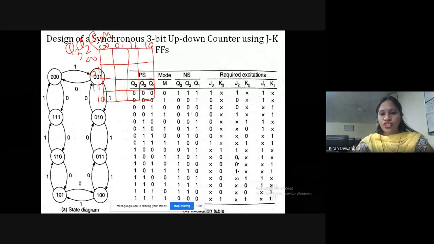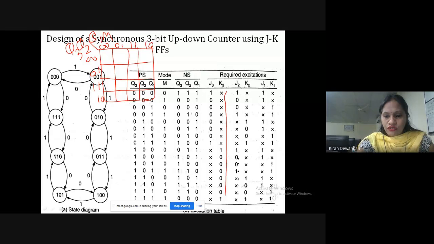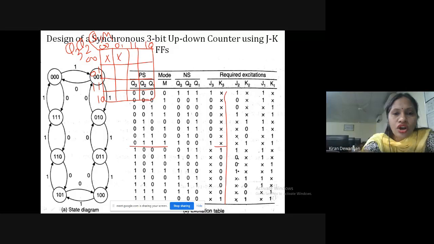Now we need to check the values of K3, where it's going high and where it is don't care. So from 0 0 0 0 till 0 1 1 1, all are don't care. That means all these are don't cares.